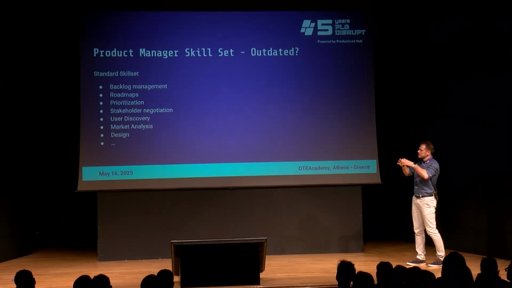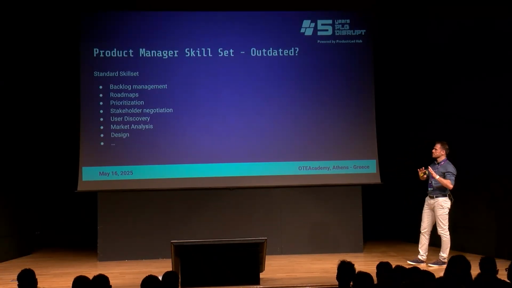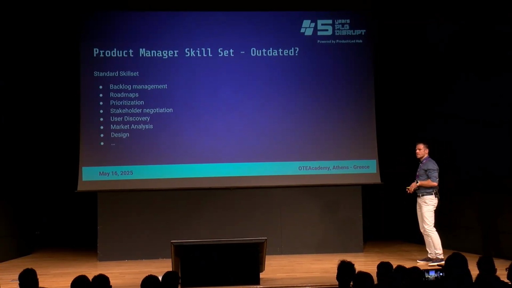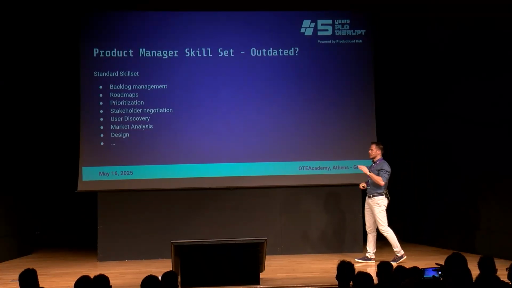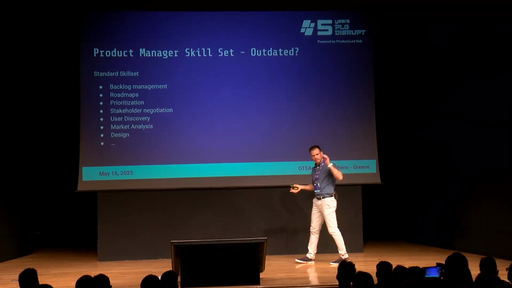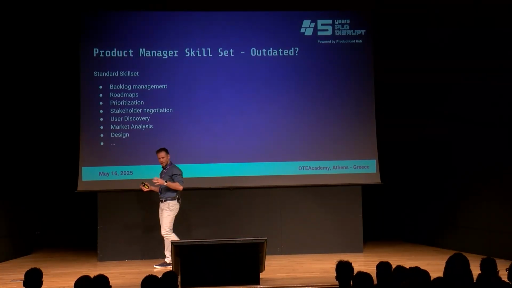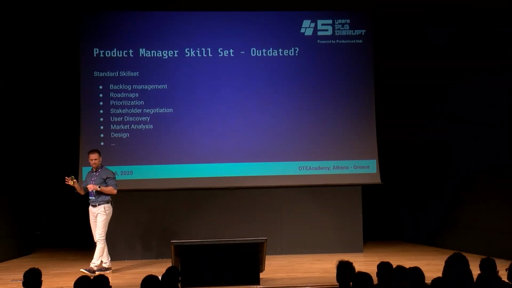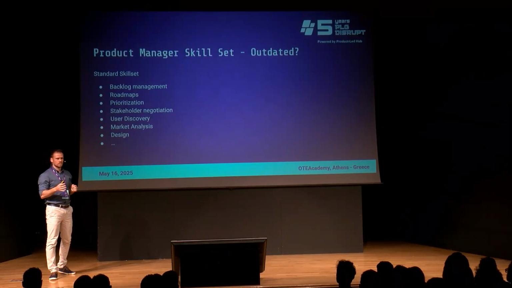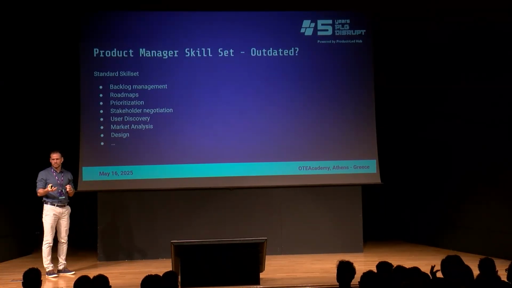We said that the standard skill set is like this: backlog management, roadmaps, prioritization, stakeholder negotiation, user discovery, market analysis, design. That's a huge list that I always have to check when I try to hire someone. So many things. This is a generalist, which is good because this is what I'm after.